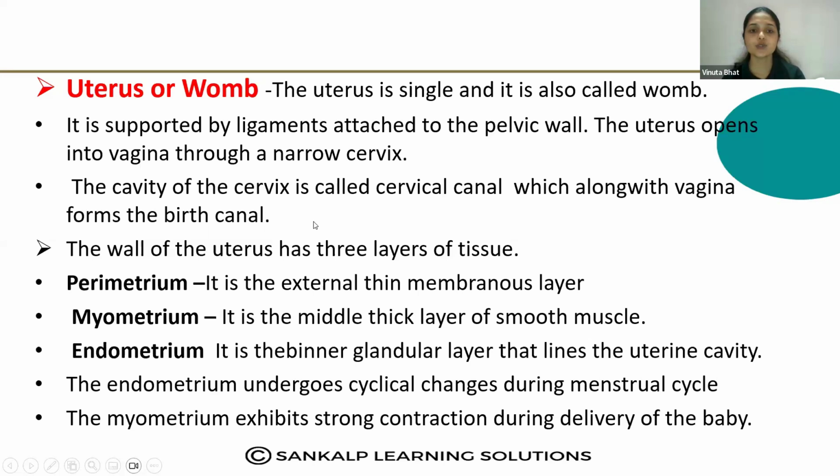The wall of the uterus has three layers of tissues: the perimetrium, myometrium and the endometrium. The perimetrium is the external thin membranous layer, the myometrium is the middle thick layer of smooth muscle, and the endometrium is the inner glandular layer that lines the uterine cavity.